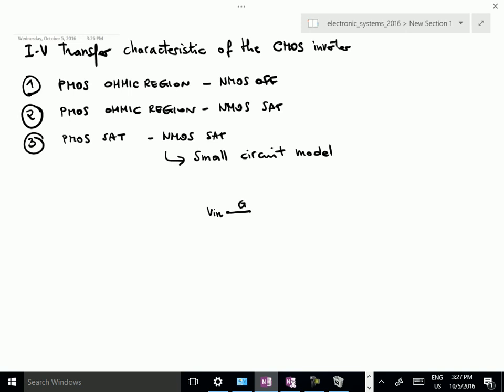We have that the gate of the NMOS and the gate of the PMOS correspond to the same node. The source of the NMOS is connected to ground, but also for small signal, also the source of the PMOS is connected to ground, because it is at a constant voltage, which is the supply voltage VDD.